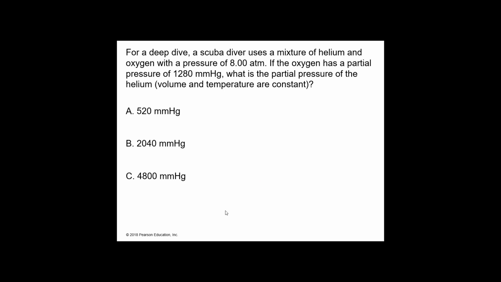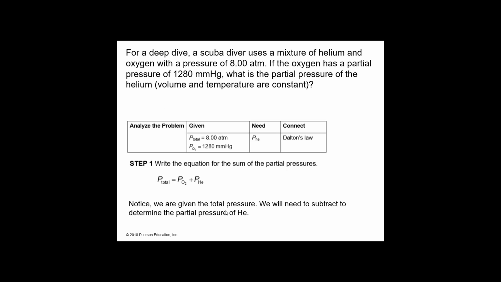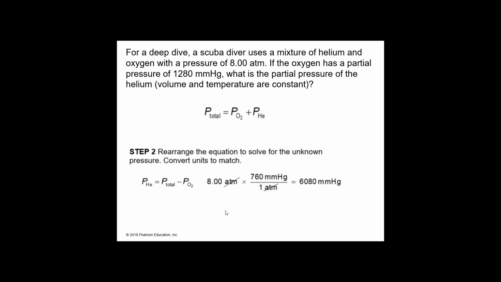All right, so another problem. For a deep dive, a scuba diver uses a mixture of helium and oxygen with a pressure of 8 atm. If the oxygen has a partial pressure of 1280 millimeters mercury, what is the partial pressure of the helium? So in this case, it's telling us it still wants it in millimeters mercury, so we have to also do another conversion. So we convert the 8 atm using the same conversion, and we end up with 6,080 millimeters mercury.